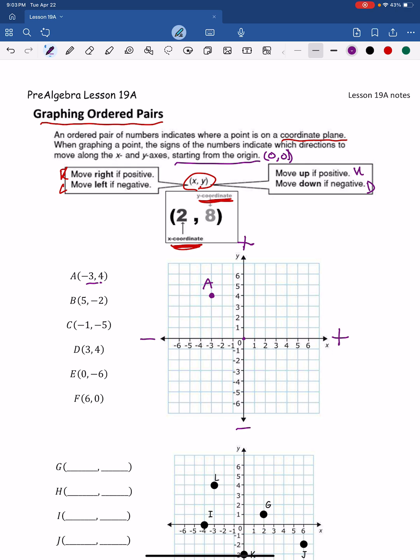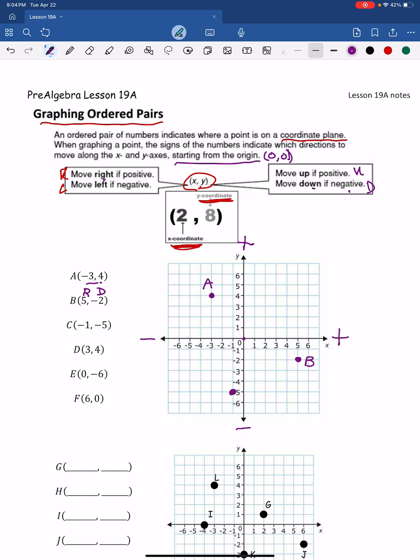B, again, starting in the center. Some people will do this, like this is going to be to the right, and this is going to be down. If it's positive on the x, it's going right. If it's negative on the y, it's going down. So again, starting at the center, I'm going to go over 5 and down 2, and there's my point B. Point C, starting in the center, negative 1, negative 5.